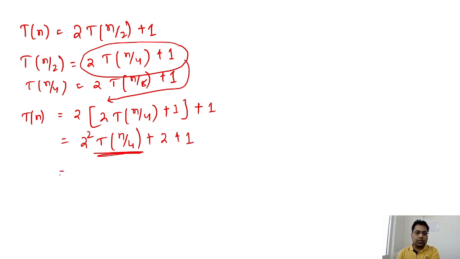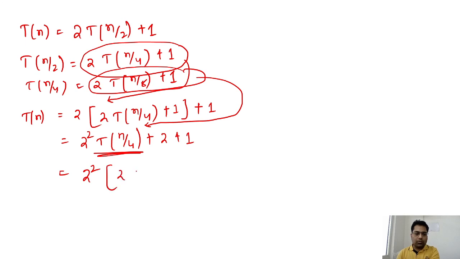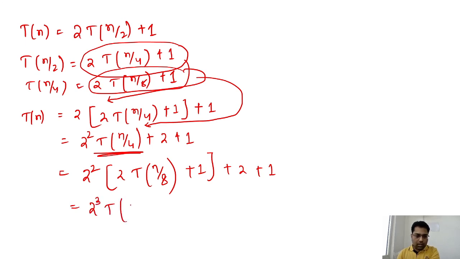Now for this you must say, 2 square 2 T(n) by 8 plus 1, then 2 plus 1, 2 to the power 3 T(n) by 2 to the power 3 plus 2 to the power 2 plus 2 to the power 1 plus 2 to the power 0. I'm just converting that 1 into 2 to the power 0. Now, where there is no power, definitely 2 to the power 1 could be written.